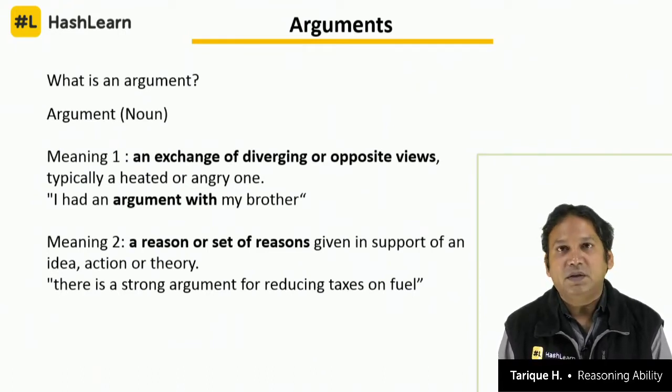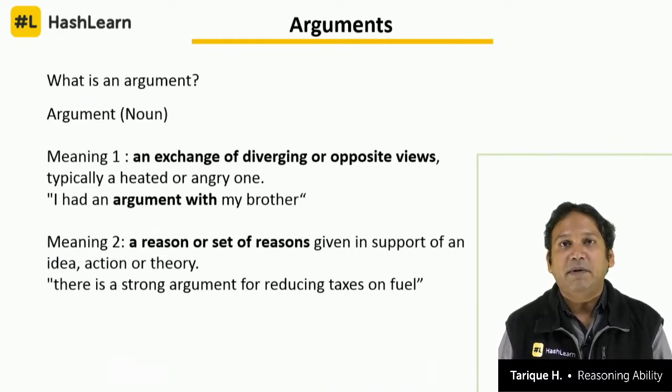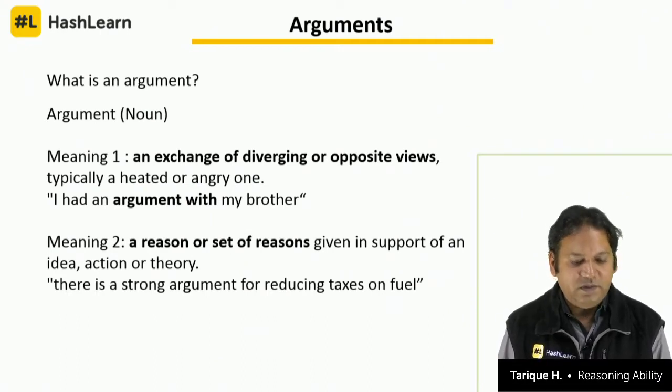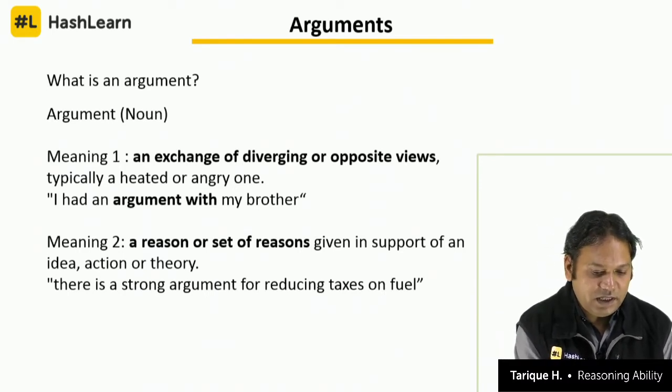We'll see what is the difference between an argument and an opinion, and that is why it is so important that people learn what a logical argument is, how a logical argument should be made, and what is the difference between an argument and an opinion. The meaning here is very clear: an exchange of diverging or opposite views.